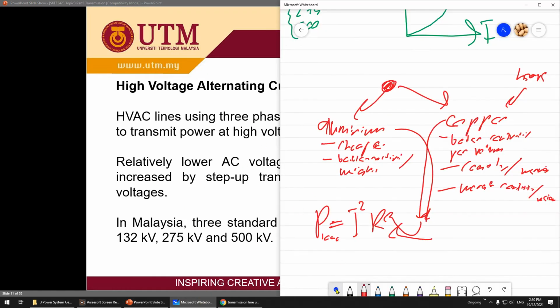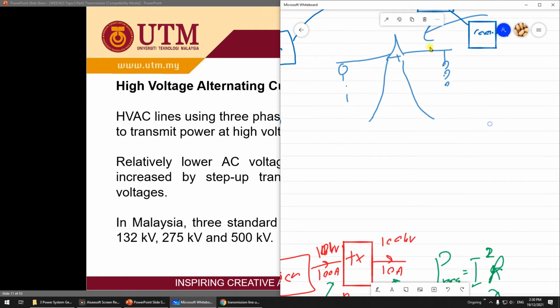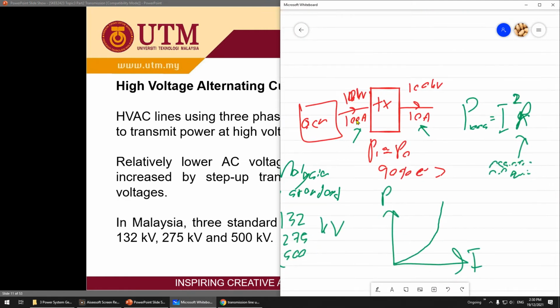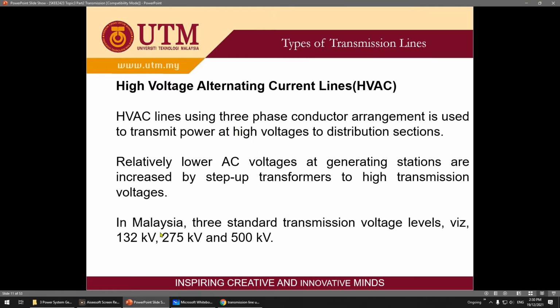So you have a low voltage here and increase the voltage using a step-up transformer. Also, as I already explained, in Malaysia you have 132 kV, 275 kV and 500 kV. This is the standard for Malaysia.